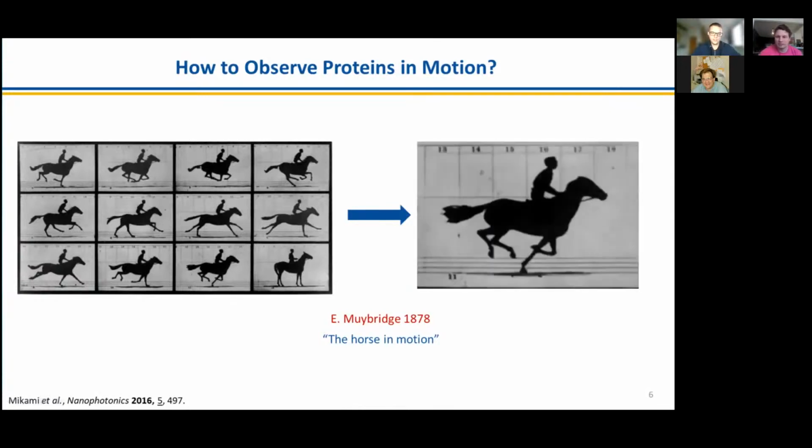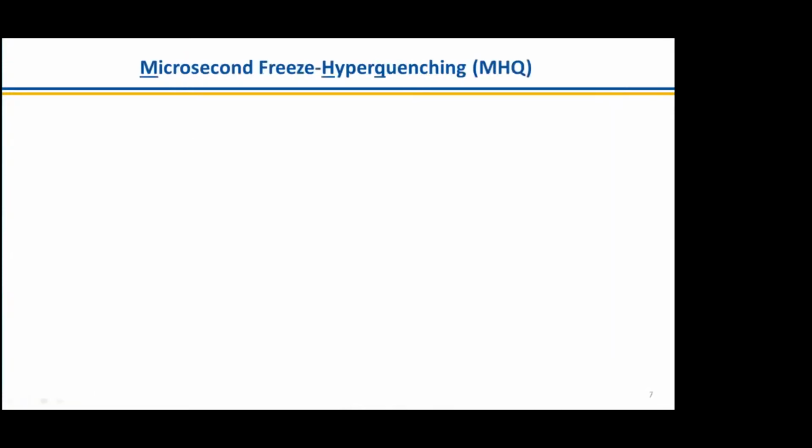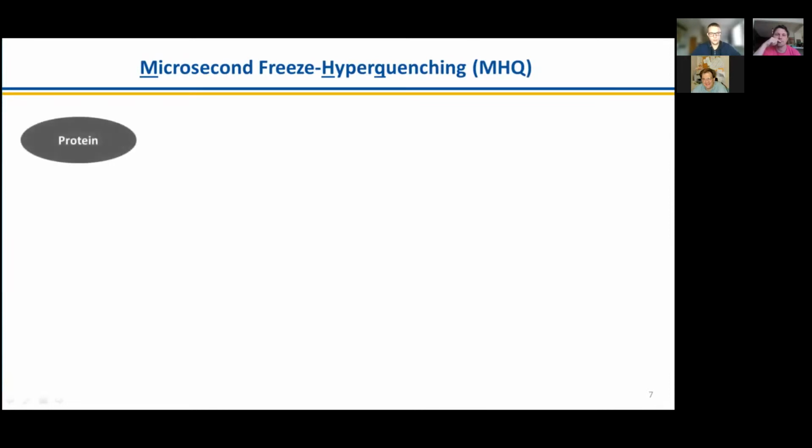So how can we take the snapshots of our protein? We do this using the so-called Microsecond Freeze-Hyperquenching technique, so a variation of freeze-quench. In freeze-quench, what you basically do is that you have your protein and the ligand in two separate containers, meaning, for example, syringes, and then you quickly mix them in a micromixer.